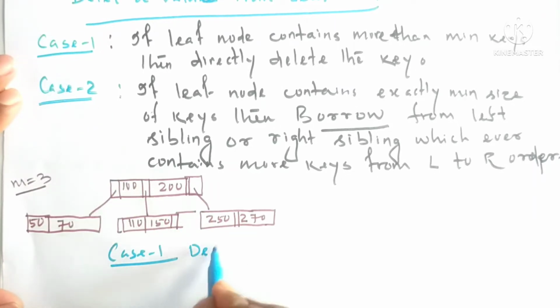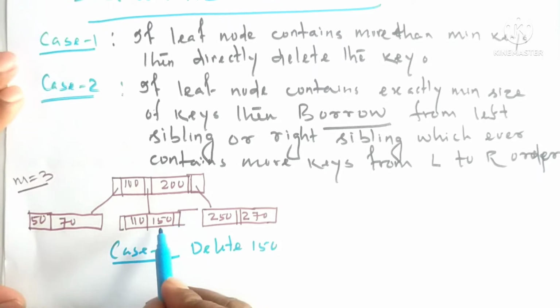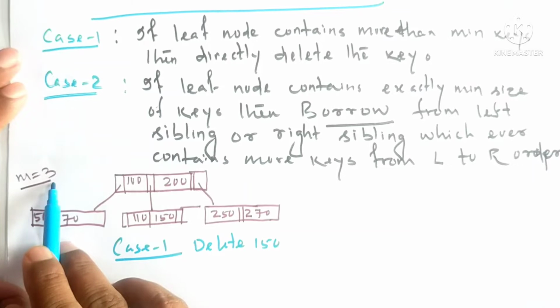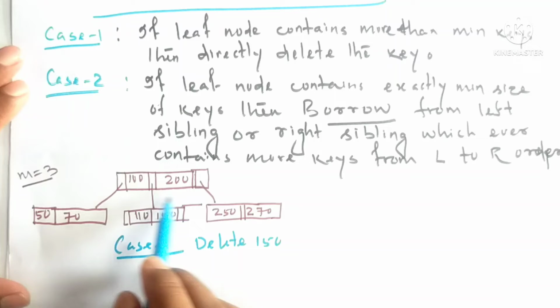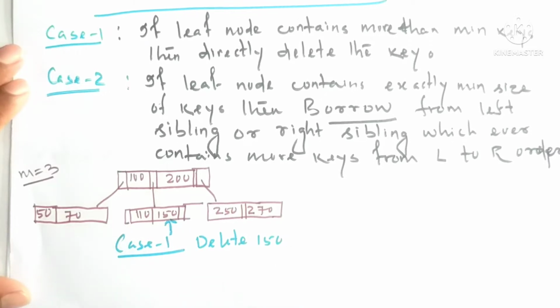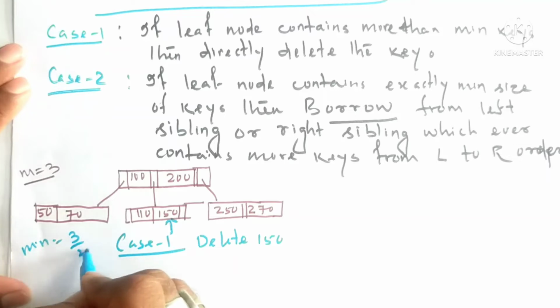Now, for case 1, suppose I want to delete 150. If the leaf node contains more than the minimum keys, order 3 means the minimum keys will be 3 by 2 minus 1. 3 by 2 is 1.5, the ceiling is 2, minus 1 is 1.